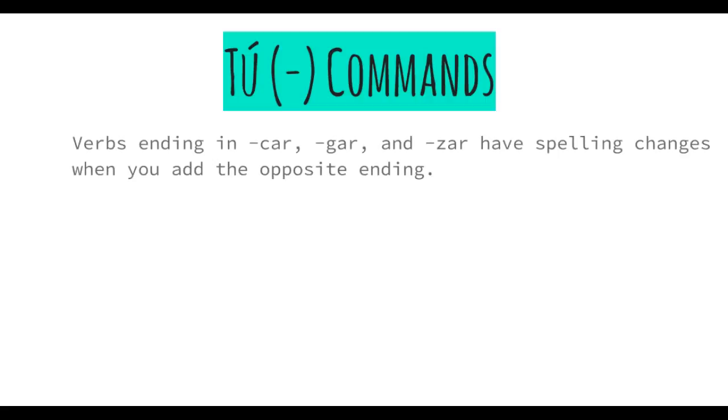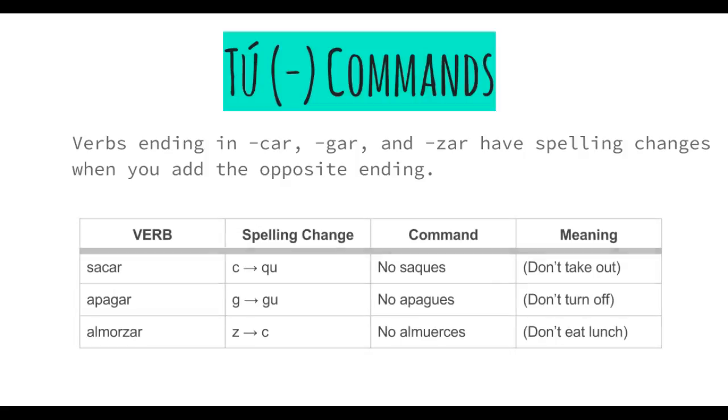Another thing to remember about negative tú commands is that verbs that end in CAR, GAR, or ZAR have spelling changes when you add the opposite ending. This might sound a little bit familiar because we used this same pattern when we were learning about the preterite tense, the yo form of these verbs.